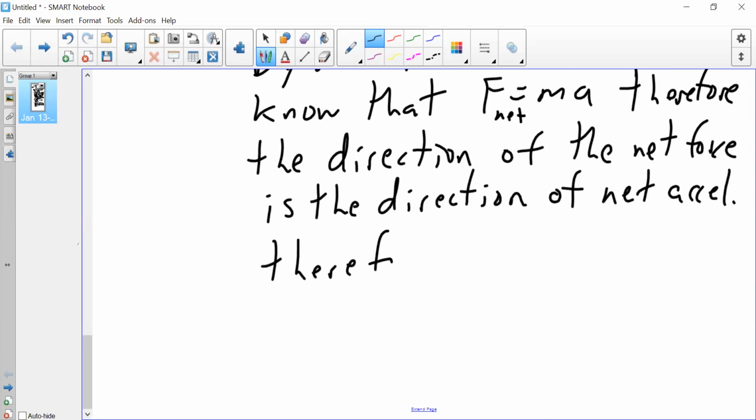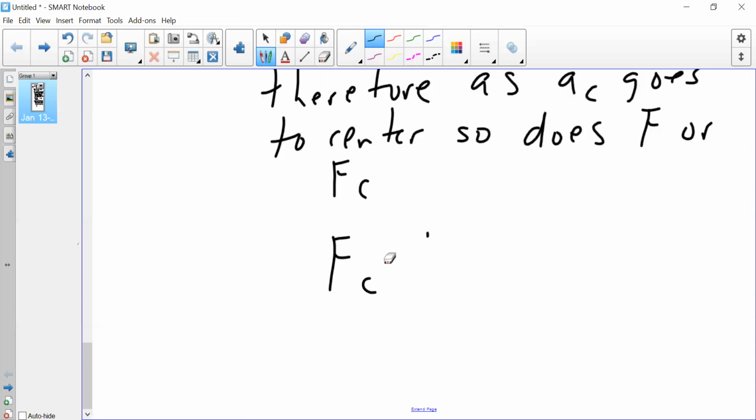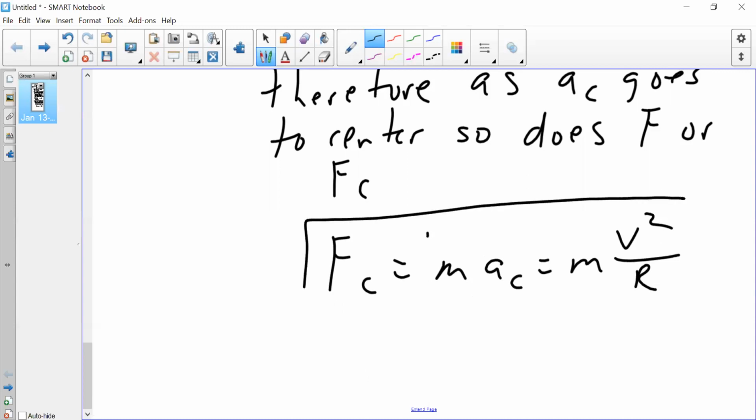Therefore, as the centripetal acceleration goes to center, so does the source of that acceleration, which is the force, which is also to the center. And it's just an easy substitution. So that's the centripetal force equation.